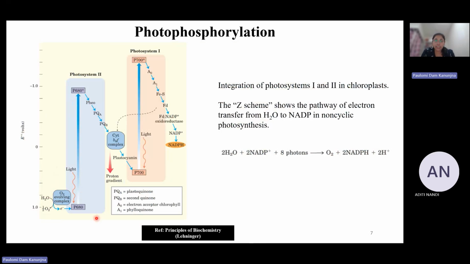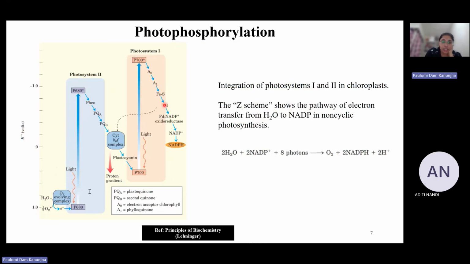So in plants, the same two systems that we have just looked into are both present. You can see photosystem 2 with a pheophytin and photosystem 1 with the ferredoxin. Both of these are present. So what exactly happens in plants then? If you look into plants, you have two of these reaction centers acting in tandem.